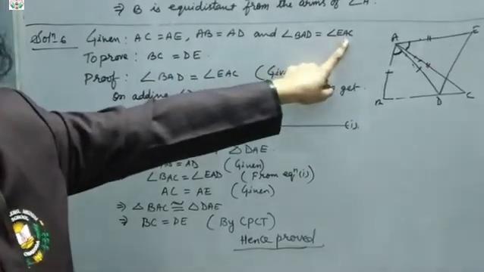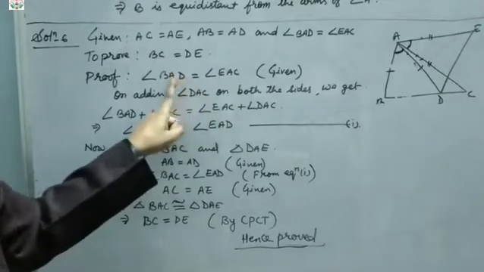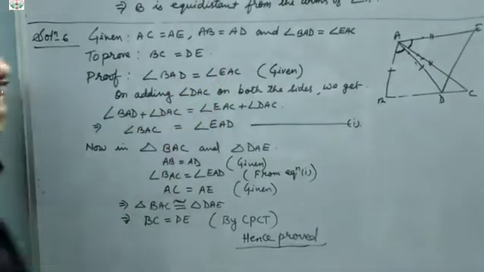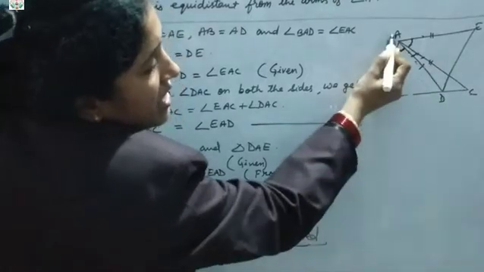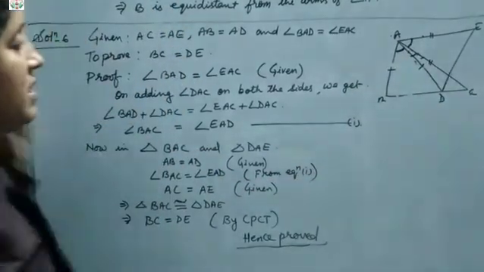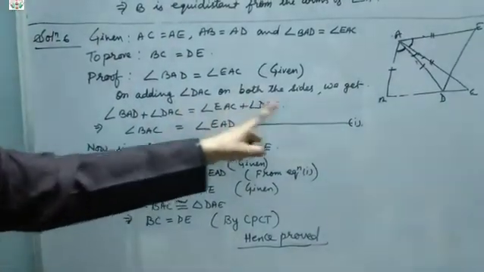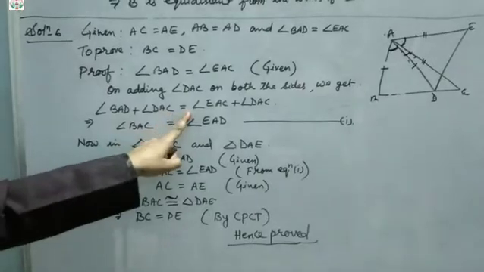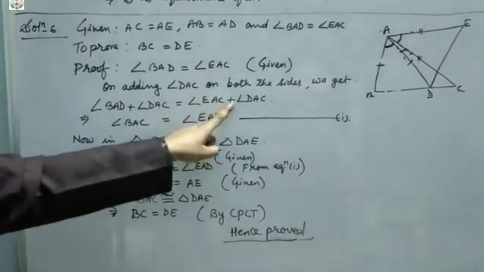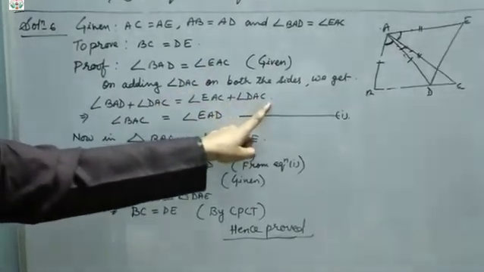This is given. Now to these two, both the LHS and RHS side, we will add this small angle, that is DAC angle. DAC angle, on adding on both the sides, we get what? Angle BAD plus angle DAC is equals to angle EAC plus angle DAC.